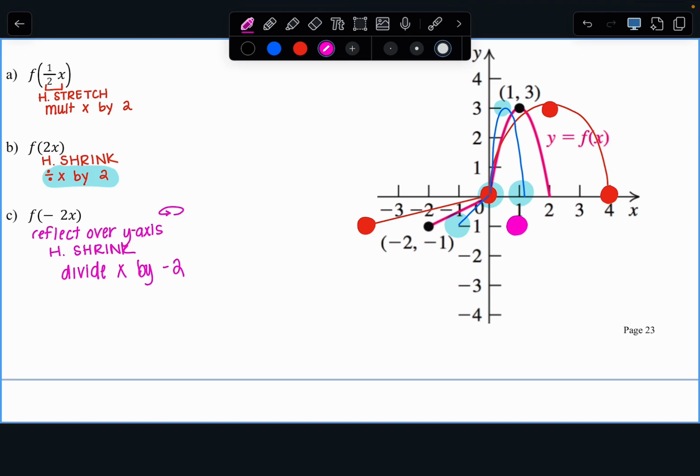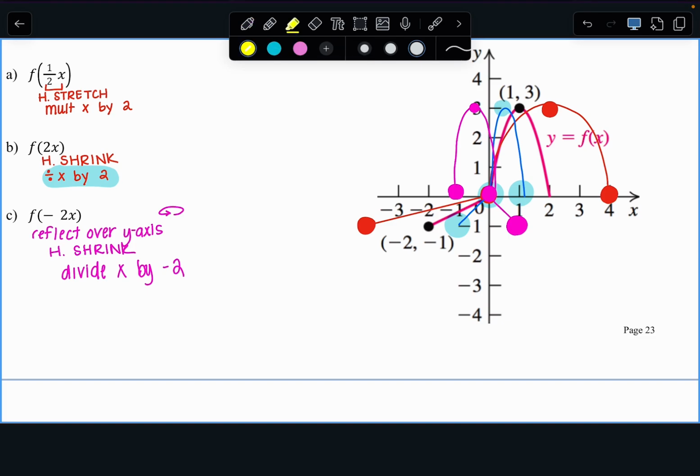We okay with that? Instead of being 0, 0, hey look, it's still 0, 0. Instead of being 1, 3, it's now -1/2, comma 3. And instead of being 2, 0, it is -1, 0. So this thing looks like this.